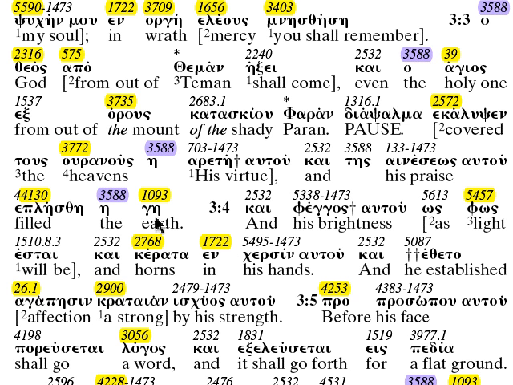But it will change. And it continues, ke fengos autou os phos estai, ke kerata en chersin autou, ke etheto agapesin krataian ischyos autou. And his brightness will be as phos, as light. Revelation talks about no need of a sun in the New Jerusalem, and throughout the Bible, whenever it talks about God, it has to do with him being light.